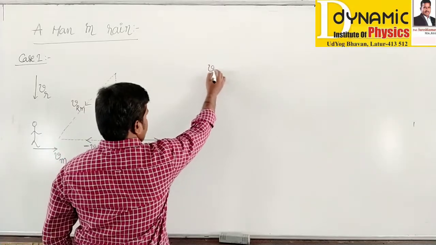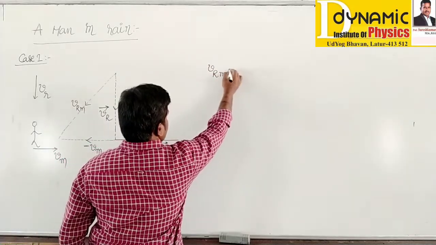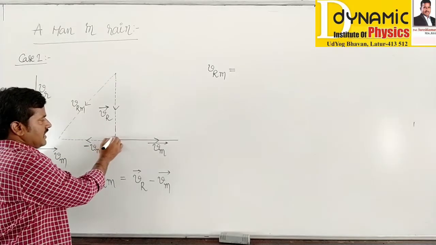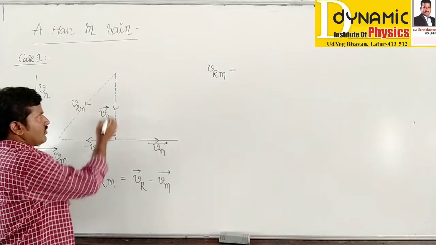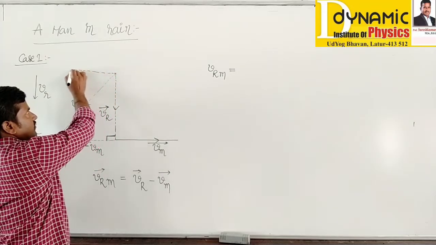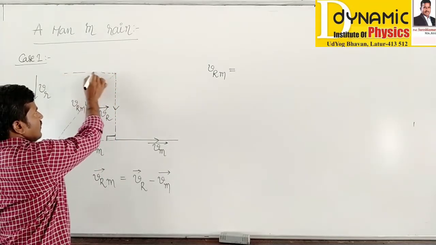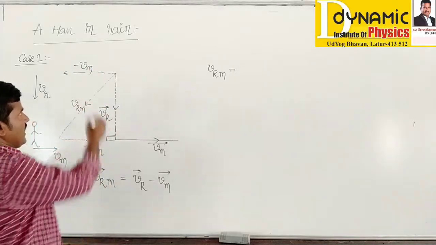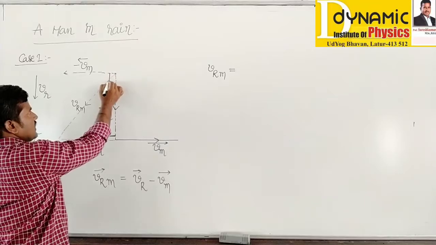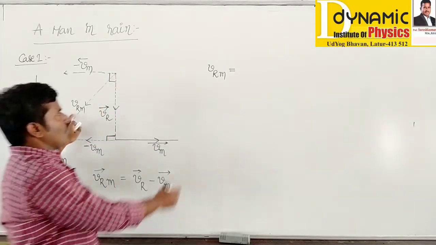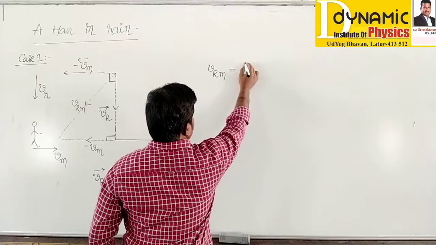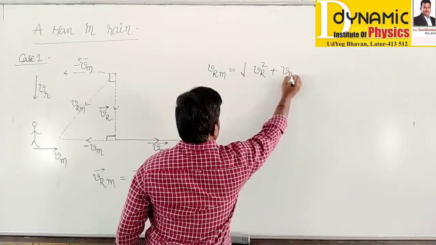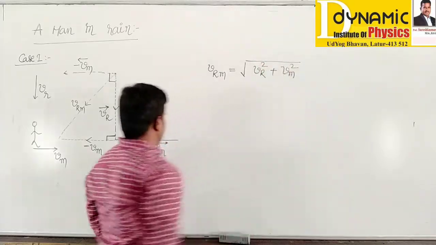The magnitude is Vrm. So the angle between these two, this is minus V man and this is V rain, the angle between both vectors is 90 degrees. Then V rain with respect to man is written as the square root of Vr square plus Vm square.